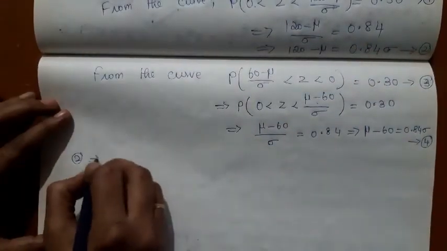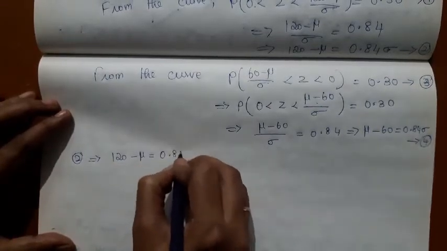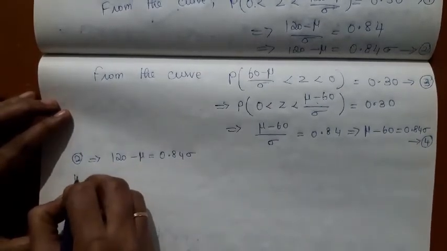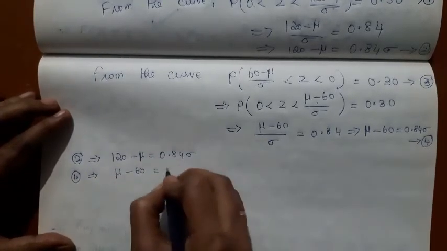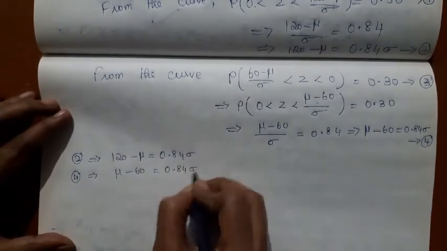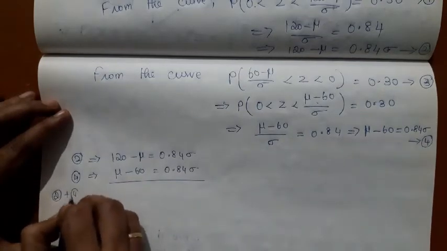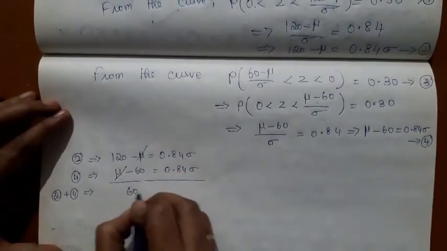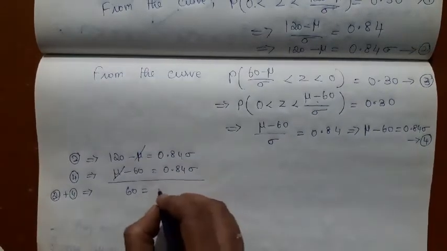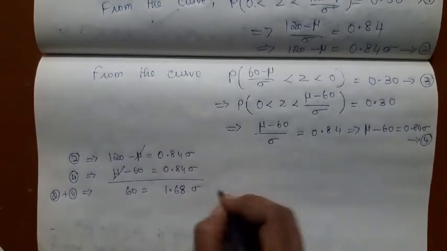Now you can solve 2 and 4. Equation 2 says 120 minus mu is equal to 0.84 sigma, and 4 says mu minus 60 is equal to 0.84 sigma. Right, now let us add 2 and 4. What happens? Mu gets cancelled, 120 minus 60 becomes 60, and 0.84 plus 0.84 is 1.68 sigma.